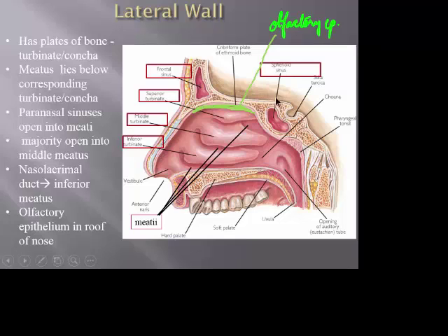These sinuses surround the nasal cavity, and they open into these meati. Also opening into the meati is a duct which comes from the eye, and again we'll see that in the next slide. You may have noticed that when you cry a lot, your nose tends to get very, very stuffy.